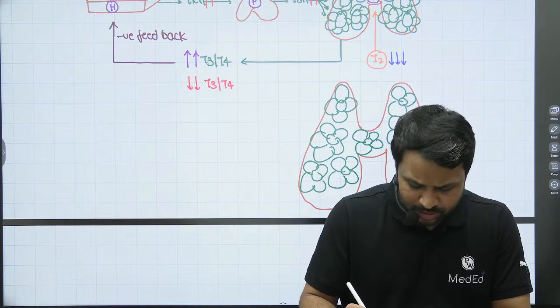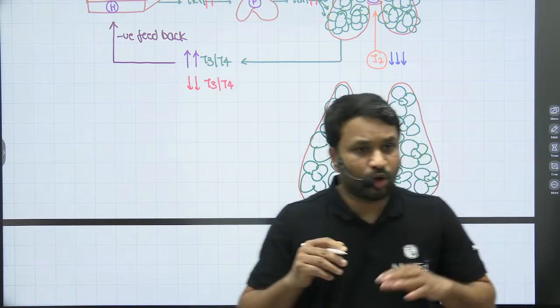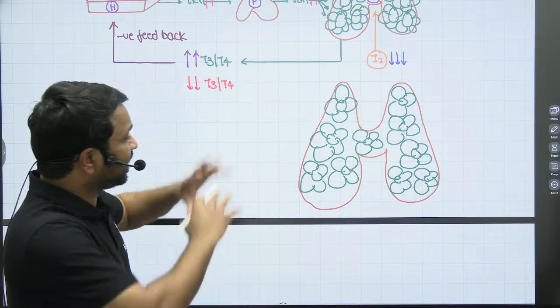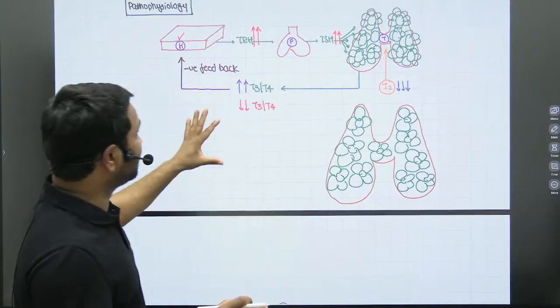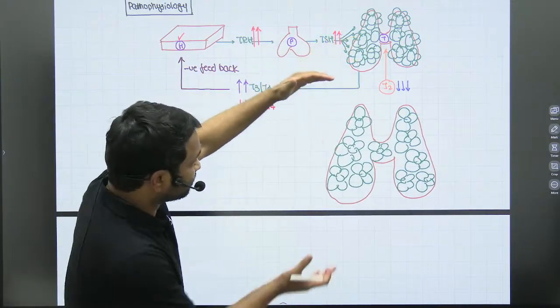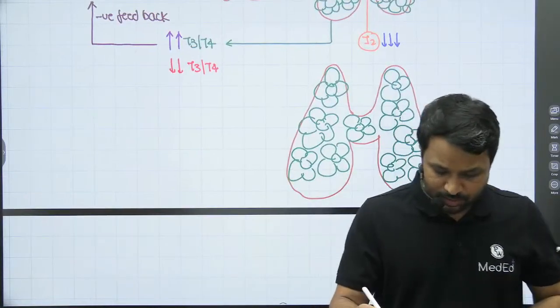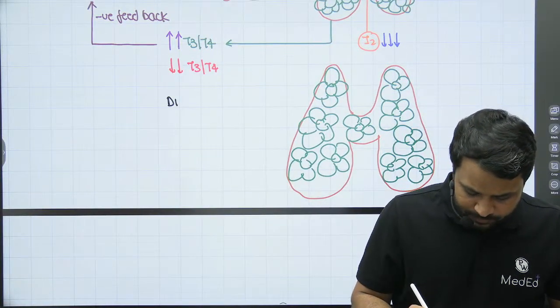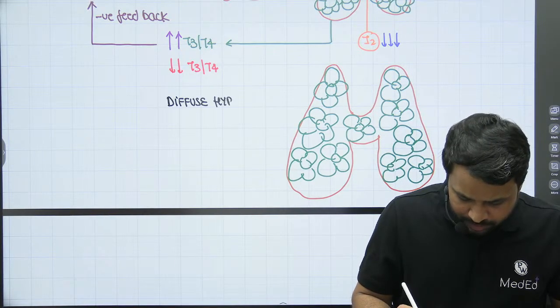So it is promoting growth in the form of both hypertrophy as well as hyperplasia. All the follicles which are present in the gland have now proliferated under the influence of TSH, hence enlarging the gland. So a gland which is this small has become this big because of excessive TSH. That is why this condition is what we call diffuse hyperplastic.